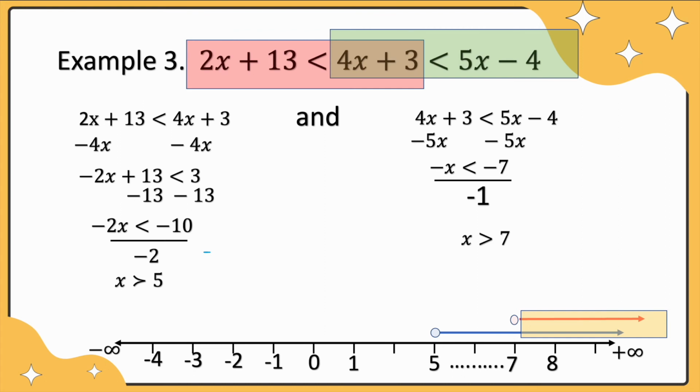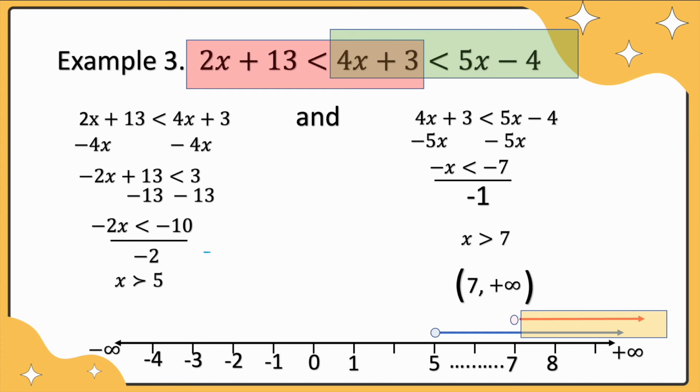So to write this in interval notation, we use a parenthesis beside 7 because 7 is our lower limit and 7 is not included. And our upper limit is positive infinity. So whenever you're dealing with a positive infinity or a negative infinity, you always use a parenthesis next to it. So 7 to positive infinity is our solution in the interval notation.